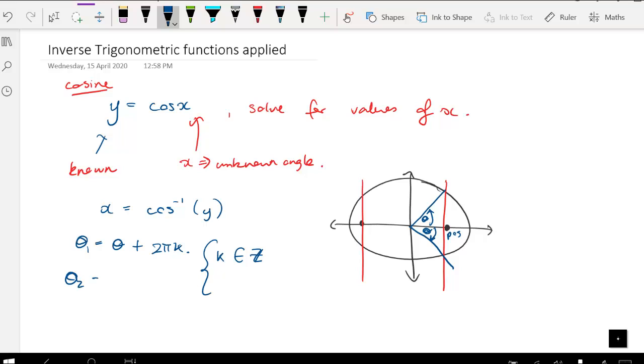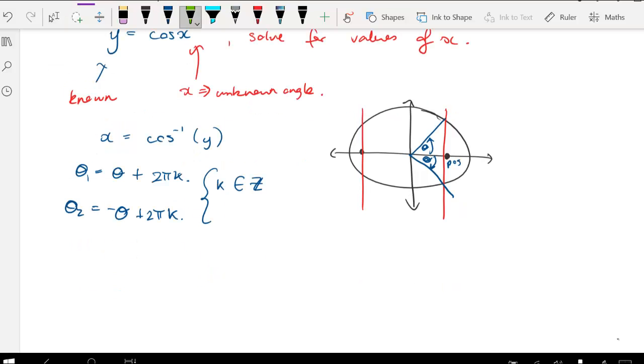Now the other solution is that we've got negative of that acute angle plus any coterminal solution. So we can see here that for a cosine scenario, where we're looking at those x values, the solution can either be that positive angle or negative angle, and then any of the coterminal solutions. So we have infinite solutions here.